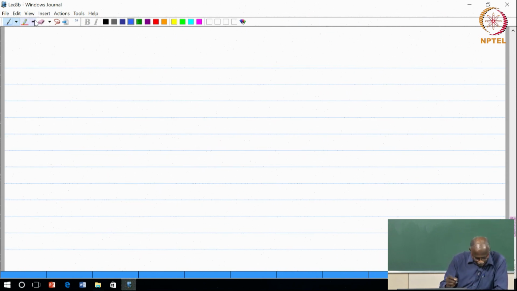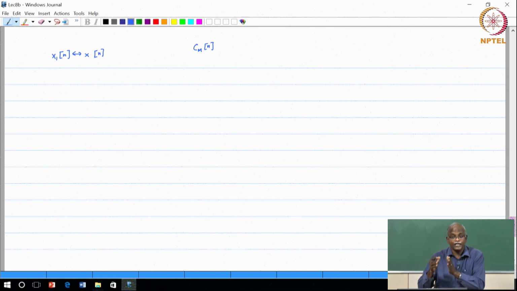Now, how do I relate x1[n] and x[n]? What is the relationship between these two? Basically, I have set some of the values to 0, and we can think of the following. We can define a comb sequence. C stands for comb, n is the time index, and M stands for where the comb occurs.